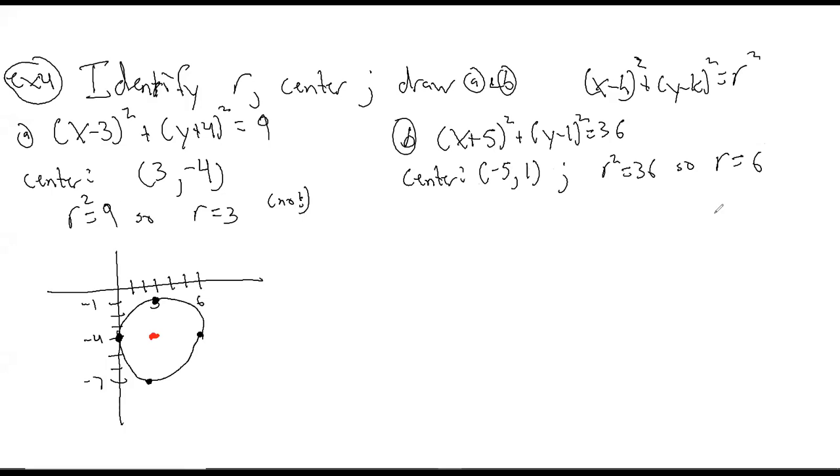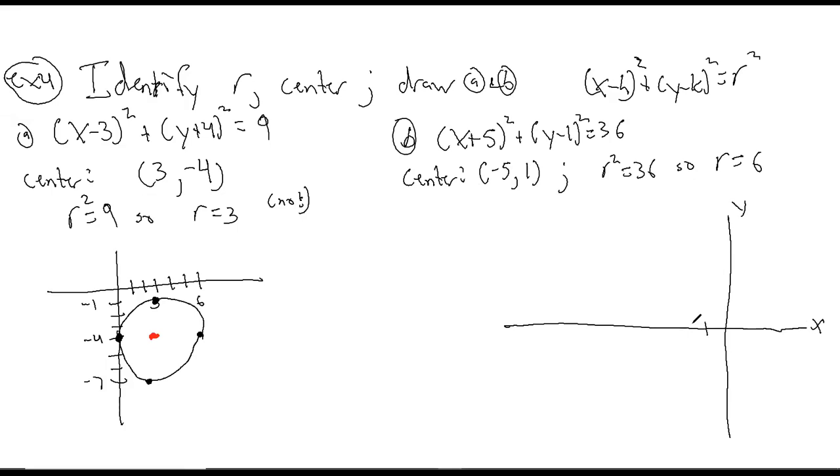So we need a left heavy graph this time. And that's a little slanted. There we go, a little better. So we got to go left 5, and then it'll be another 6.